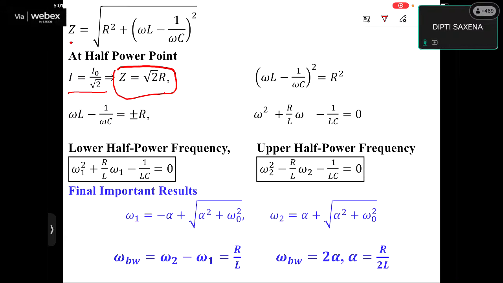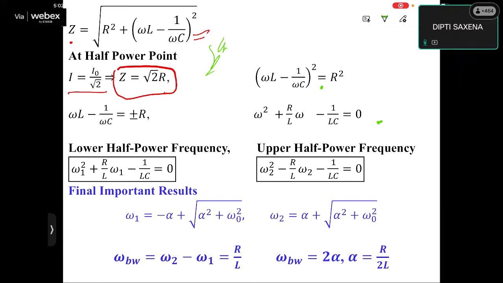So if you replace it with under root 2 R, this will be 2R square equals R square plus the quantity omega L minus 1 upon omega C, whole square.